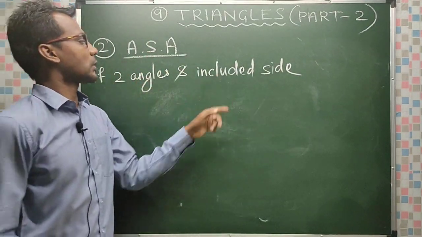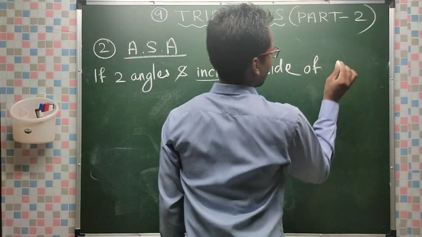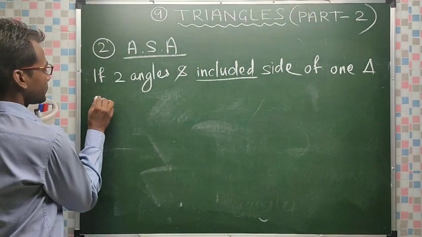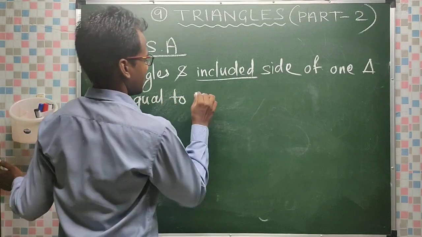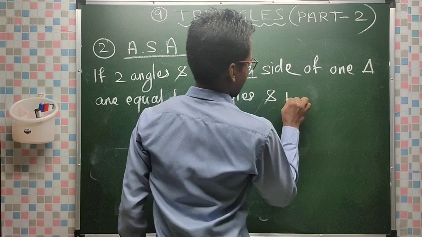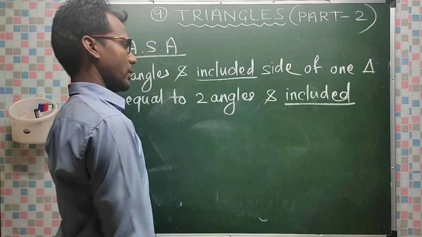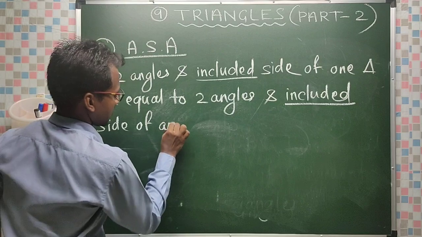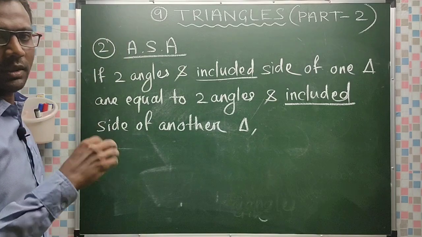So if two angles and included side, don't forget to mention included, of one triangle are equal to two angles and included side of another triangle, then they are congruent.